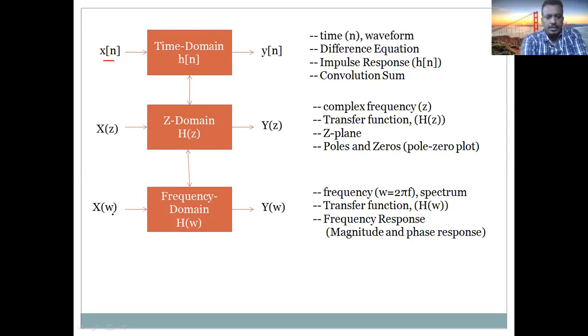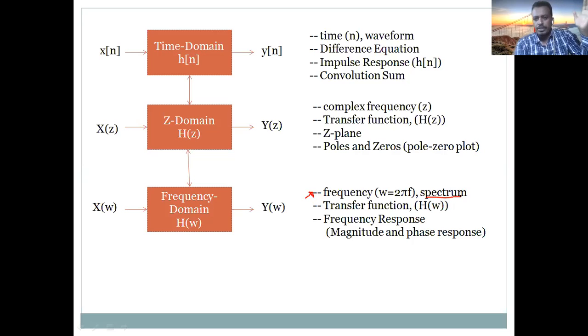When you come to the frequency domain here, the input and output signals are now functions of an independent variable, in this case the frequency. So amplitude versus frequency. In this case, we call it what? We call it a spectrum.